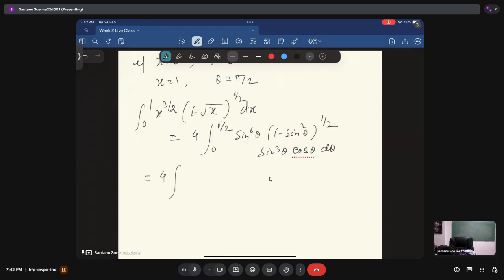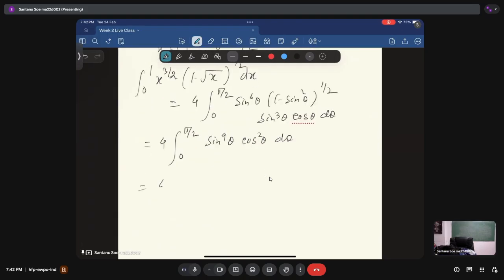So this should be integration from 0 to pi by 2 sine to the power 9 theta cos square of theta d theta, right?